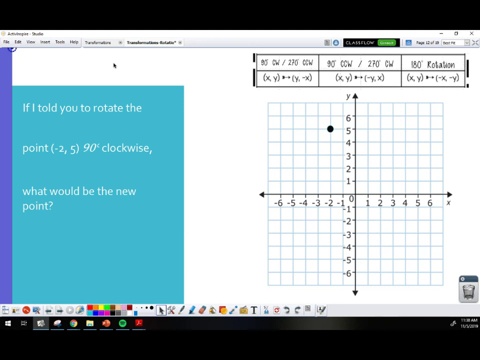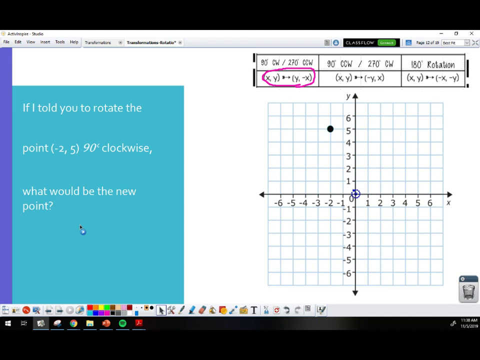This last example says, if I told you to rotate the point -2, 5, 90 degrees clockwise, what would be the new point? So for 90 degrees clockwise, we're going to be using this rule of y, opposite x. My original y is 5, and then the opposite of my x would be positive 2.